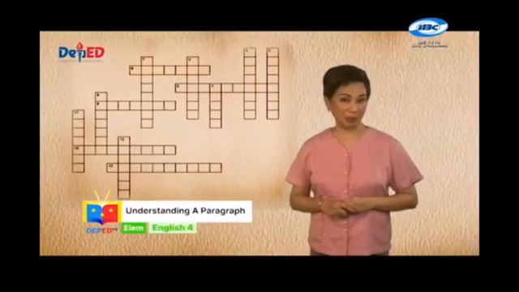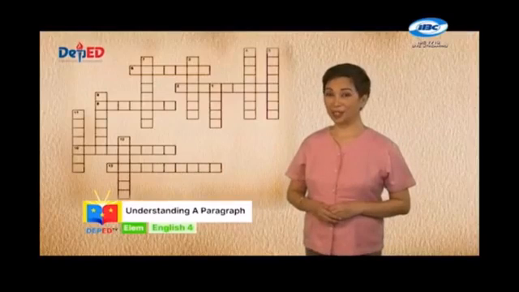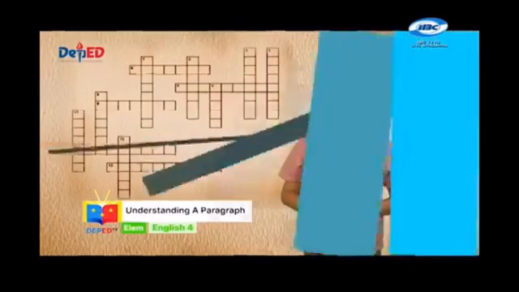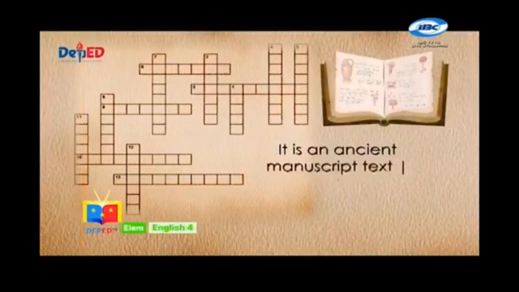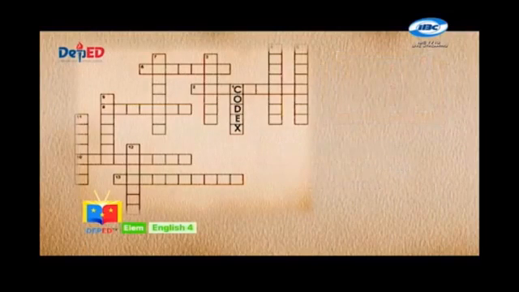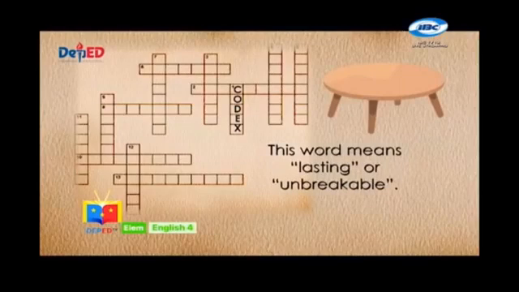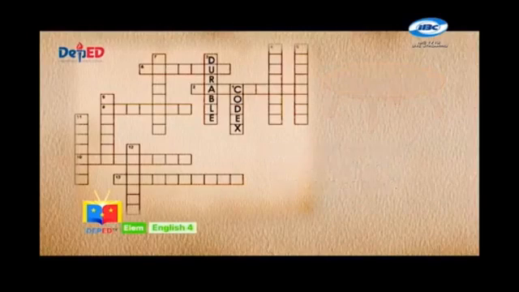Let's check and put the correct words inside the boxes. Let's start with down. Number 1. The ancient manuscript text in book form is called codex. Number 3. The words lasting and unbreakable are equivalent to the word durable. Number 4.